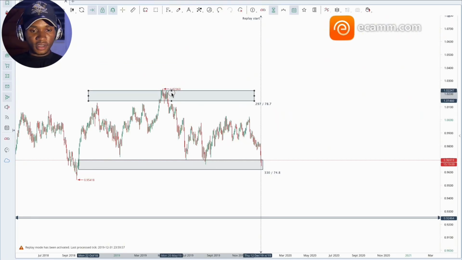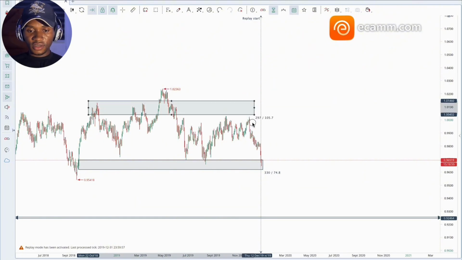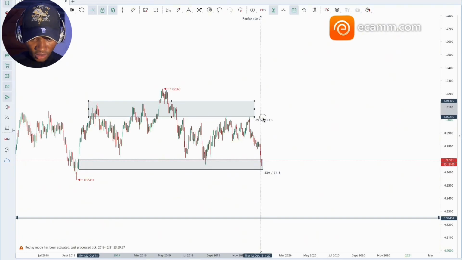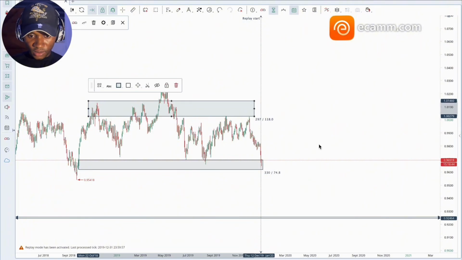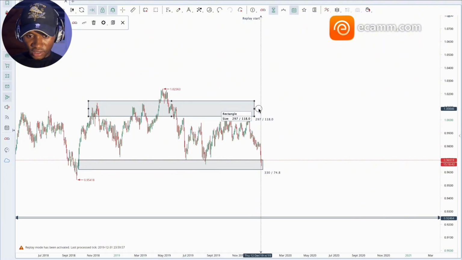Let's see what this market is going to do. So basically, whenever you're drawing this, you want it to touch as many eyes as possible. Yeah, as many eyes as possible. Let me try to extend this now.